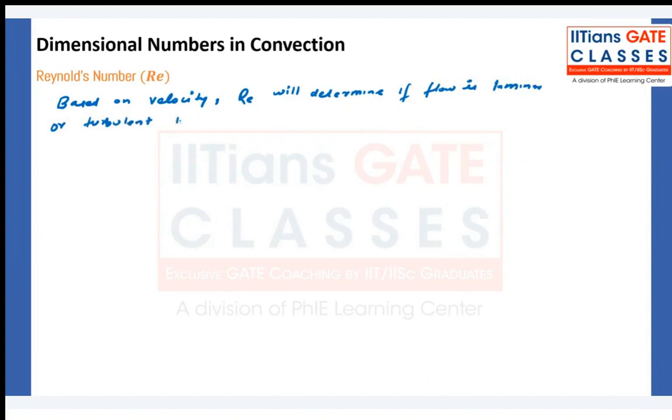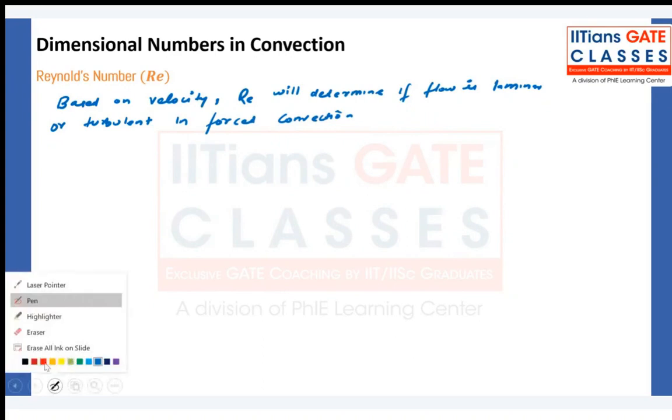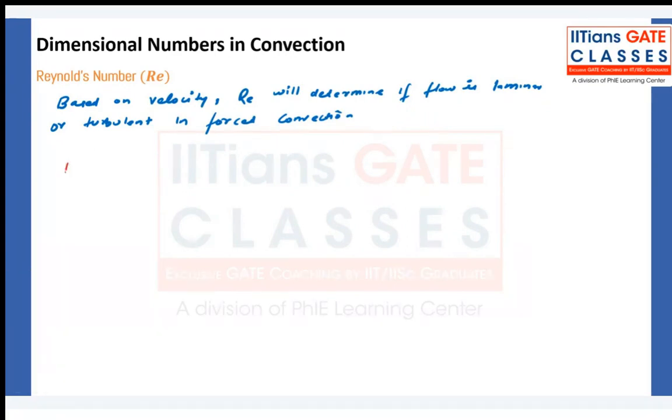Reynolds number is a dominant number that tells you if the flow is laminar or turbulent in forced convection. In free convection, Reynolds number does not tell you this. There is another number that tells you this. We will talk about that. ठीक है, चलो. So what about critical Reynolds number? Laminar.